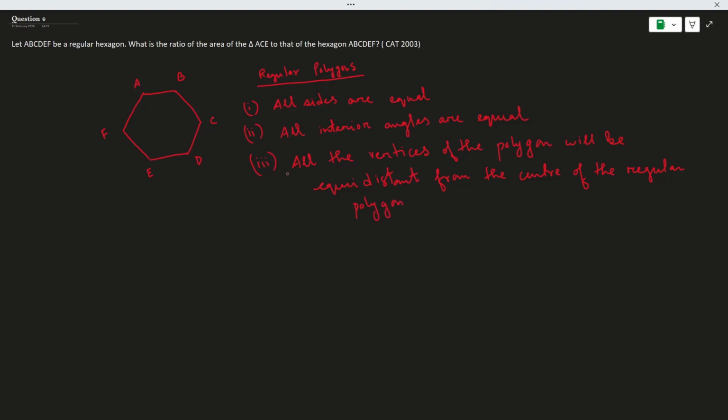Okay, suppose this is our given regular polygon. This is a regular hexagon. Hexagon means having 6 sides, so this is the center. The first property says that all the sides are equal, so let us assume that each side of the regular hexagon is x units.